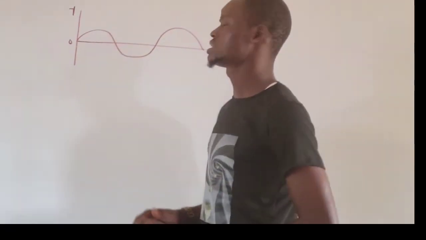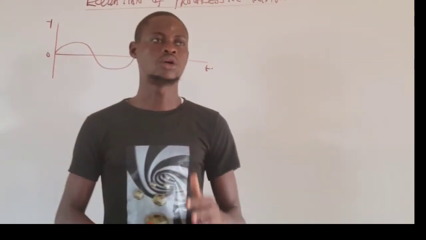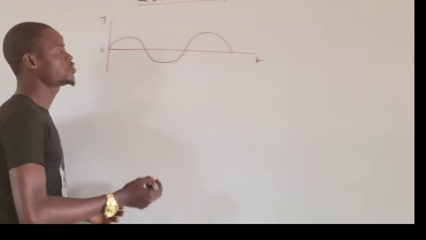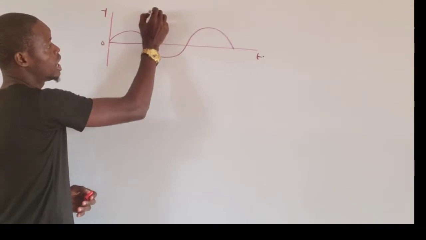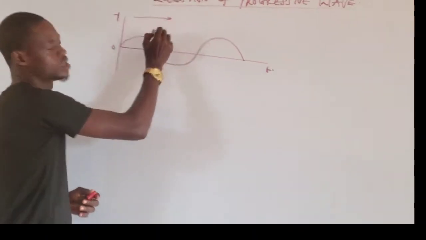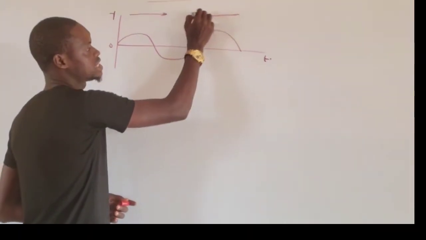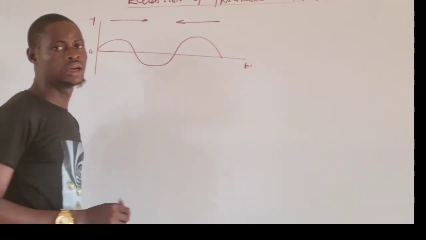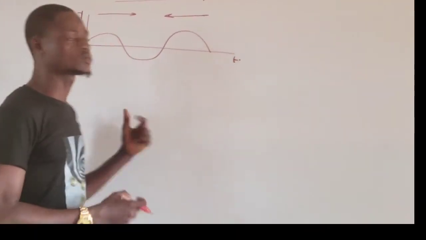Now, let's take a look at the displacement of each of these particles. You should understand that the wave can travel either from left to right, or from right back to left. Altogether, we can have different kinds of displacements.